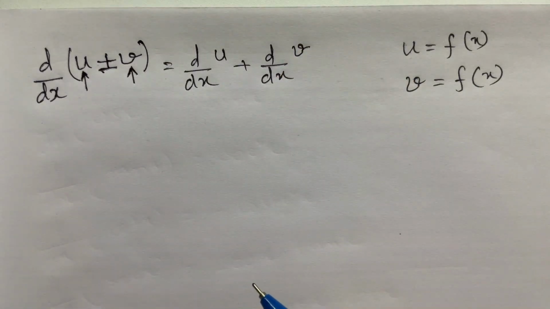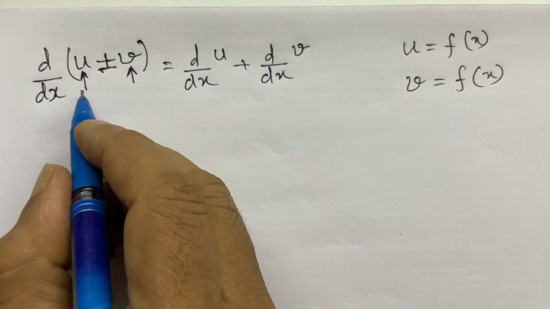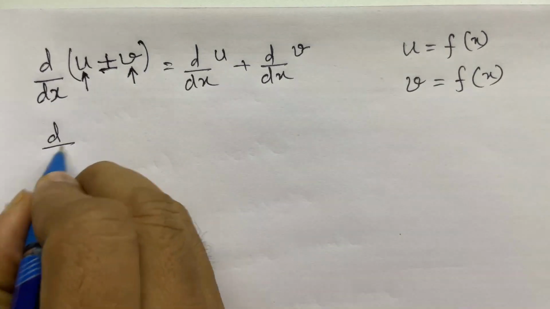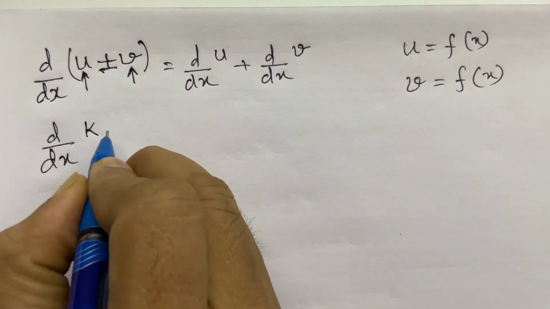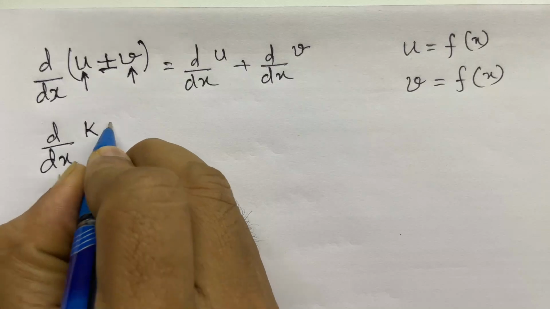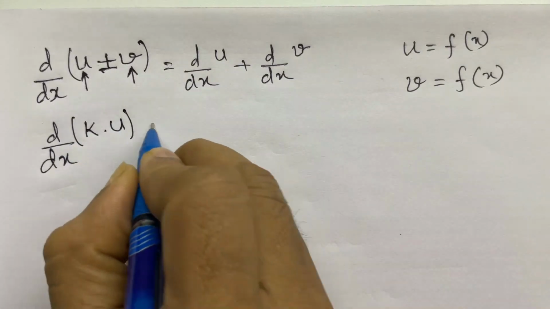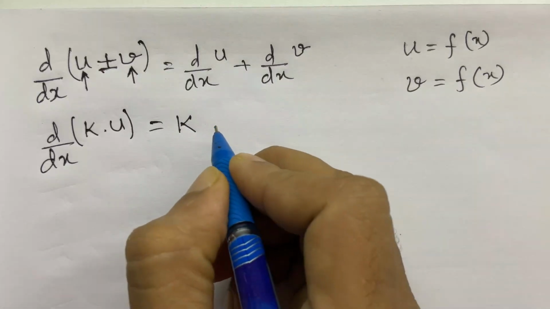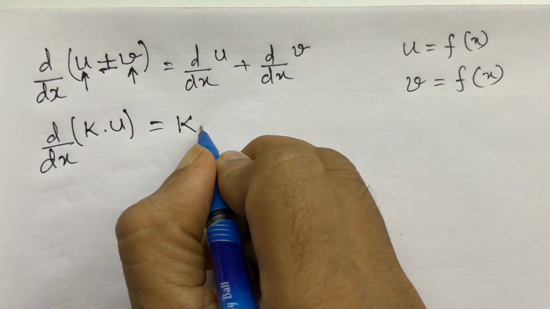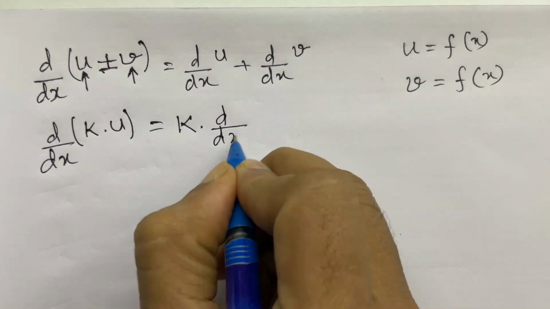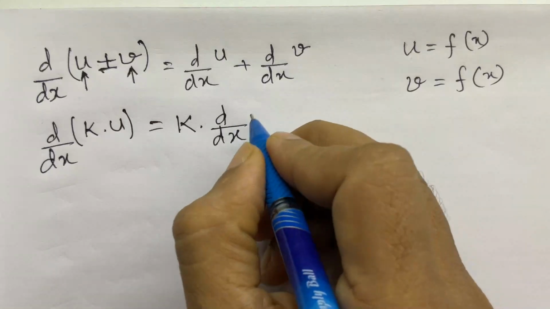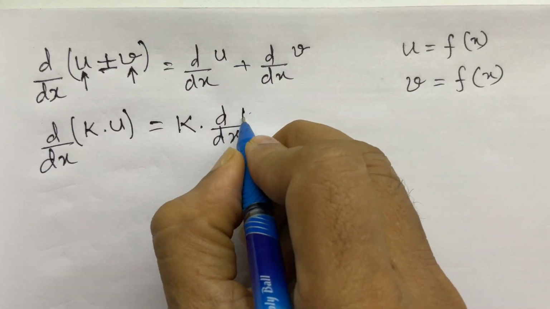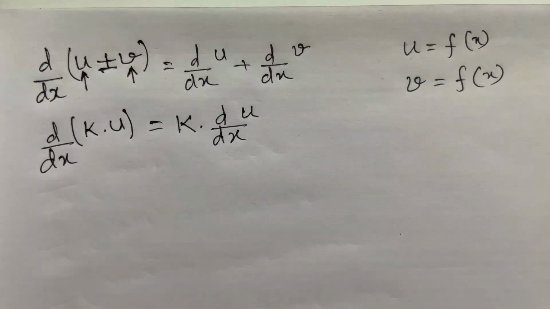And one more thing you can observe is that if some constant times u comes up, this constant k, sometimes we write c, this constant part will not participate in differentiation, so we keep aside this k and do differentiation only for the variable part like u.